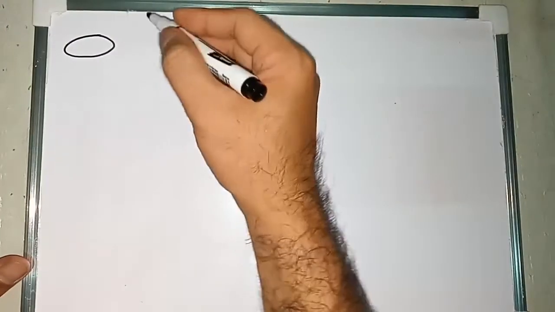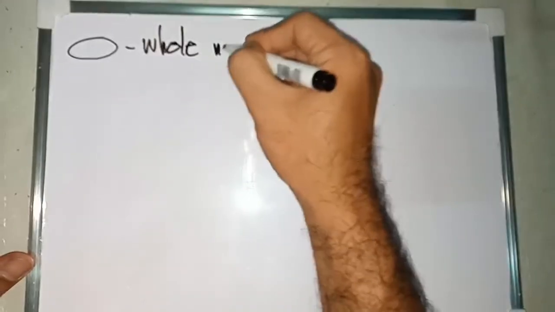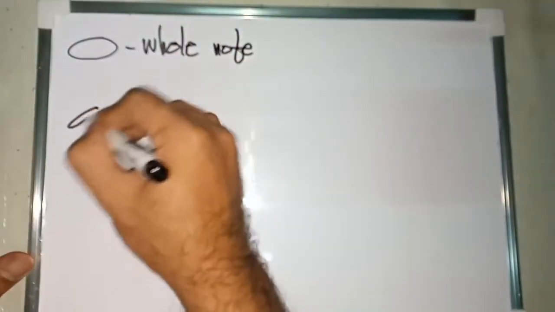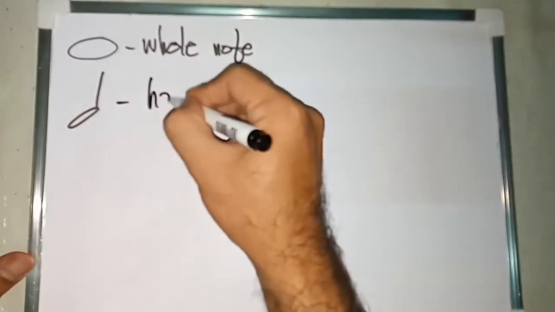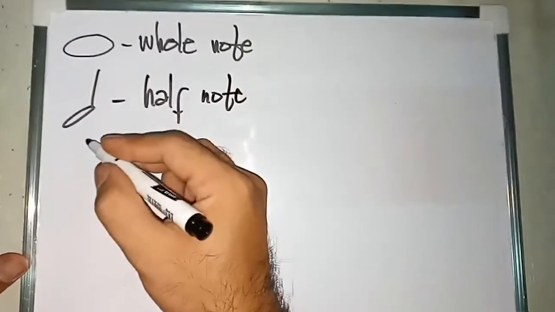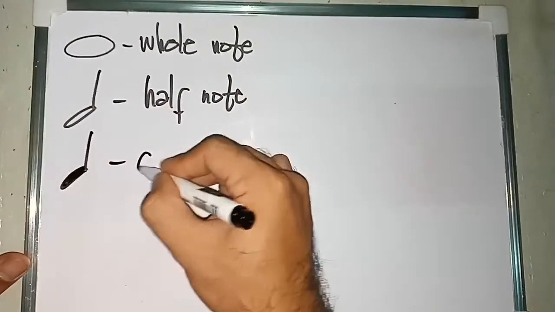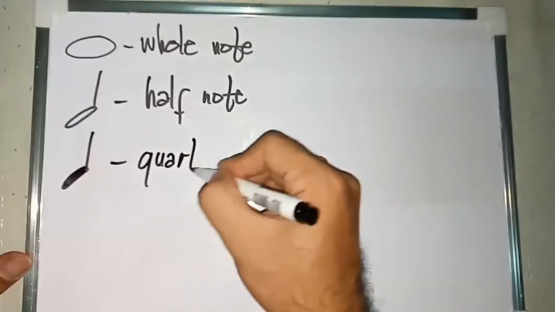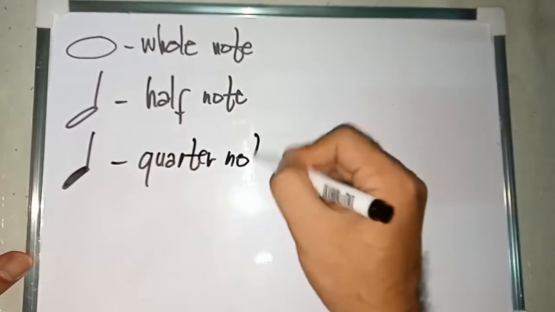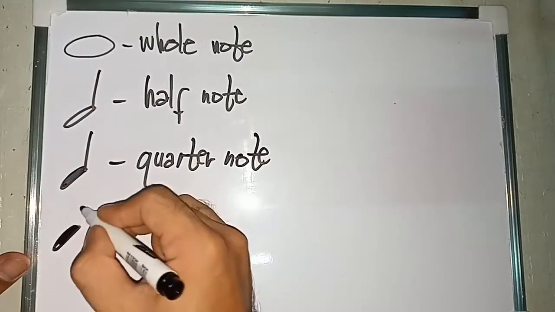We have here a whole note. We have a half note. We have a quarter note. We have an eighth note.